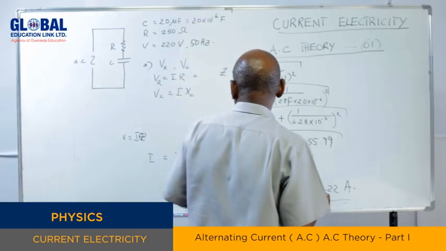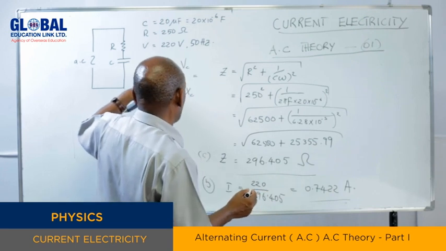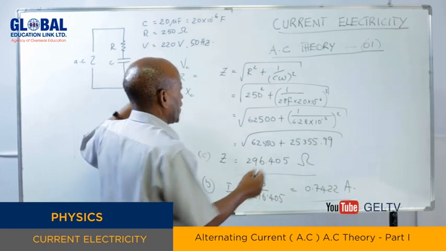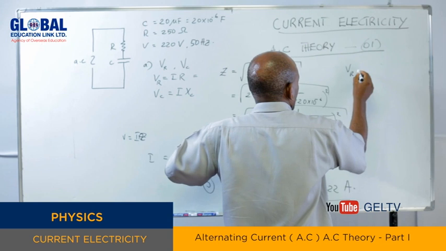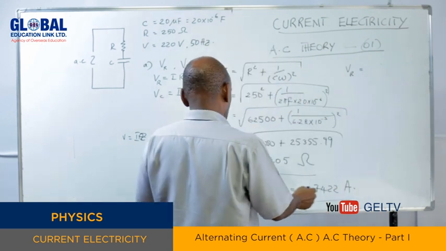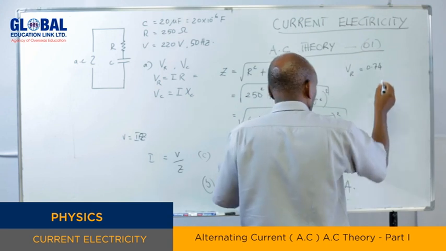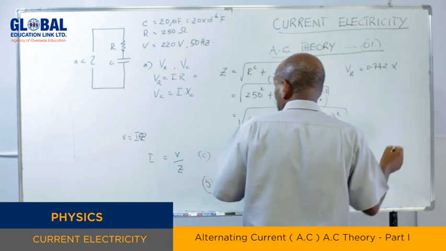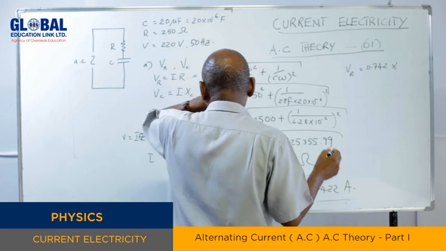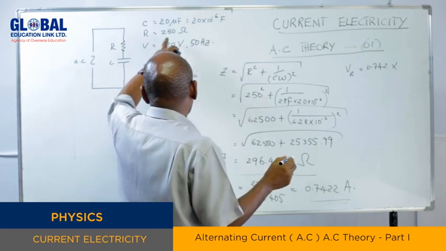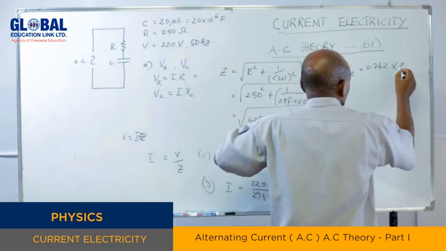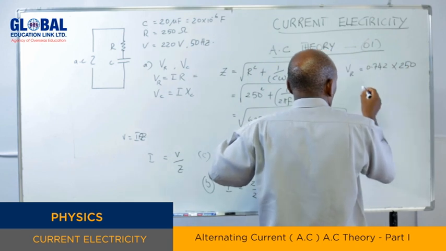As already mentioned, the voltage across a resistor is equal to the current, which is 0.7422, multiplied by the resistance, which is 250.